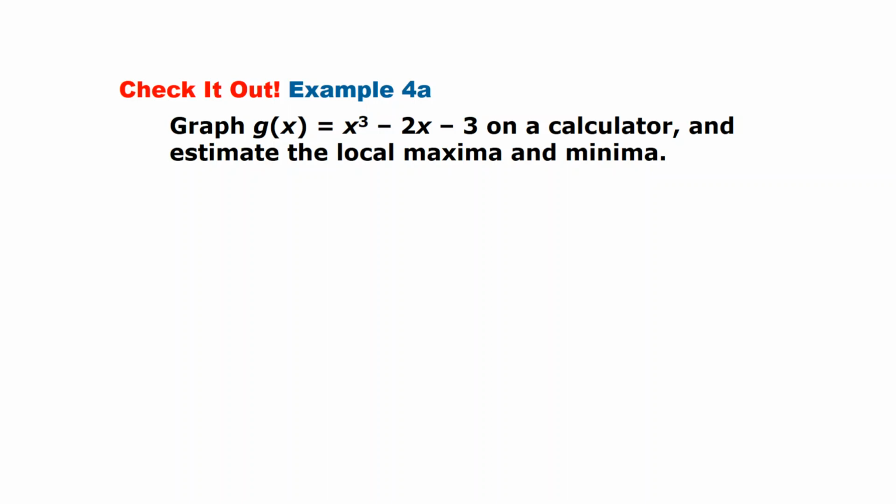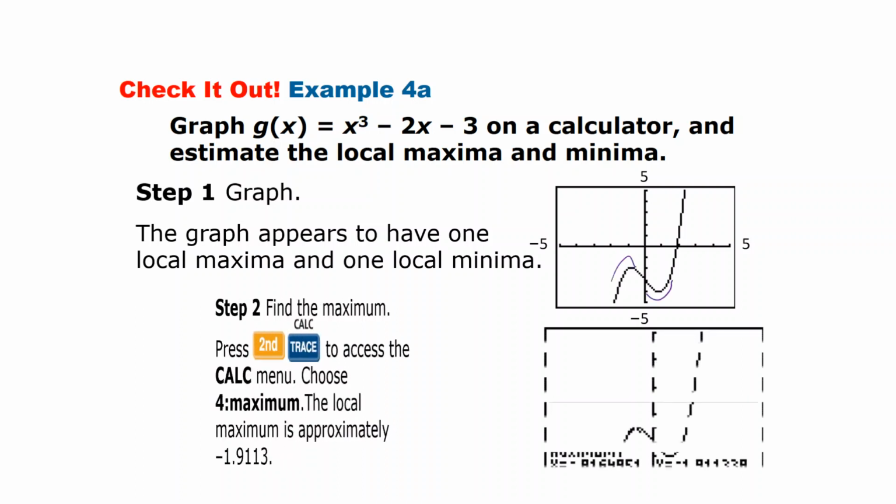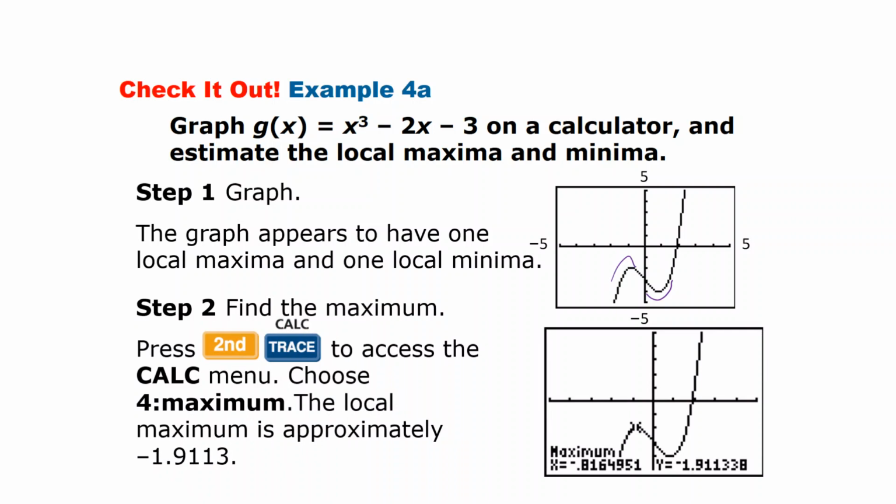When you put that in your calculator, you should have gotten a graph that looks something like that. The graph appears to have 1 local maxima and 1 local minima. Step 2 is to find the maximum. Press second and trace, go to the calc menu, and press 4 for the maximum.